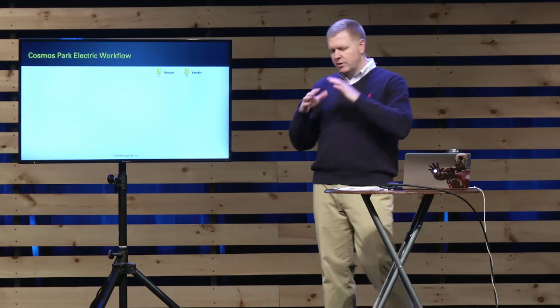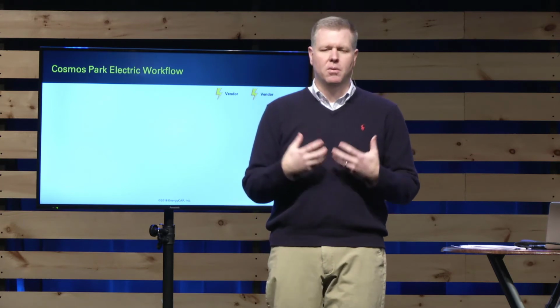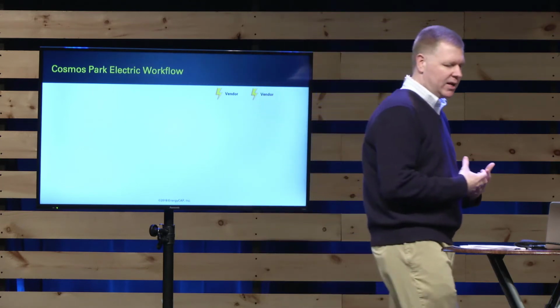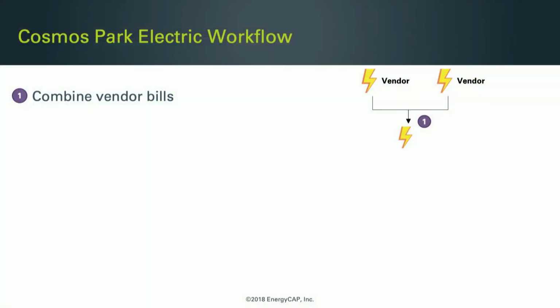So if we were to just step away from EnergyCAP and say, what are some ways that we would like to calculate cost or use in our park so that we can do accurate tracking, it might look something like this. We have 2 vendor bills that come in every month, and we'd like to be able to combine those together into one master bill. What that would allow us to do is reporting.